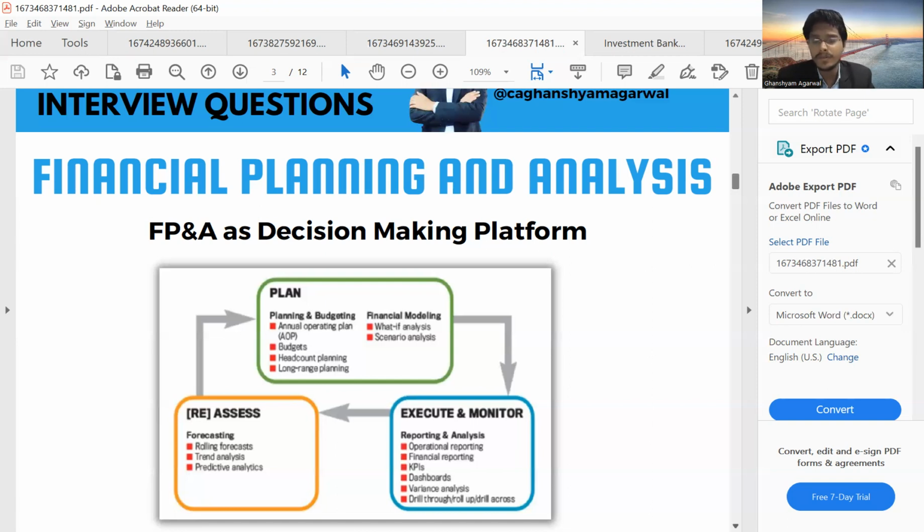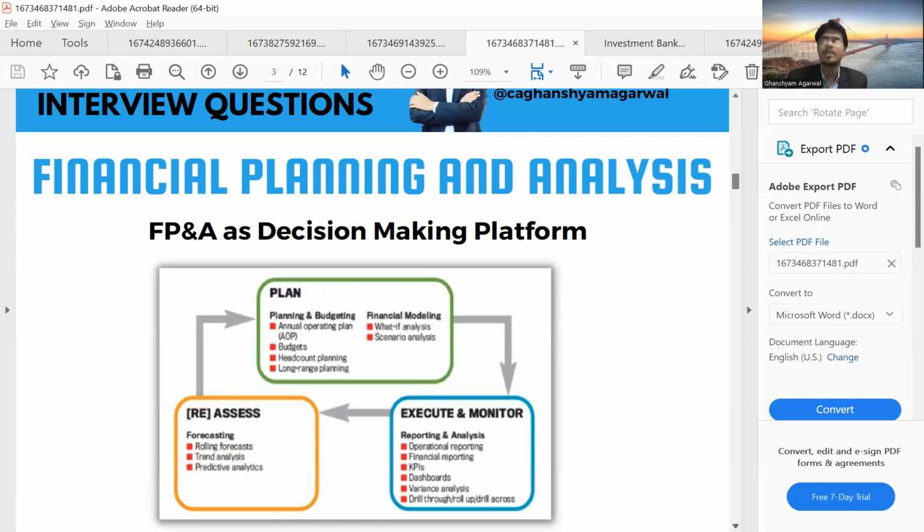Payment to creditors on time, or whatever it is. So whatever the competitive advantage, the FP&A team will be looking at how we can be better in the long term. How can we increase our revenue? How can we reduce our cost? How can we improve ourselves more than the competitors?